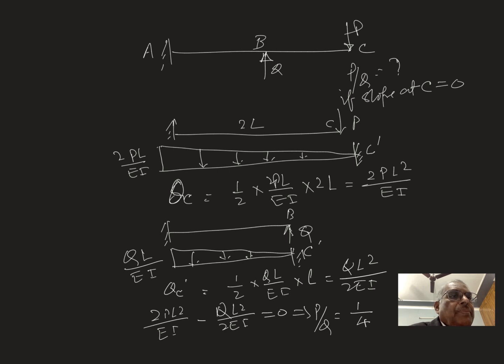The slope at B dash is nothing but the slope at C, because the same slope continues. Now you take one as clockwise, the other as anti-clockwise. Equating them, P by Q is 1 by 4. In this way, we can find the ratio of P by Q if the slope at C is 0.